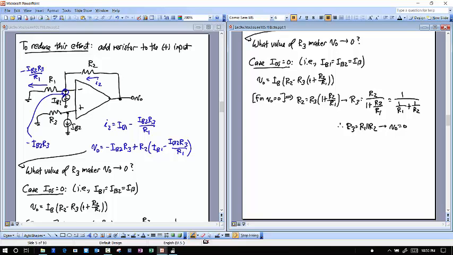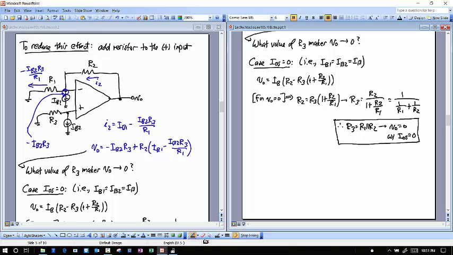an output voltage equal to 0 for the case where the input offset current is equal to 0. So this is our solution here to set the output voltage equal to 0. So what does this say?